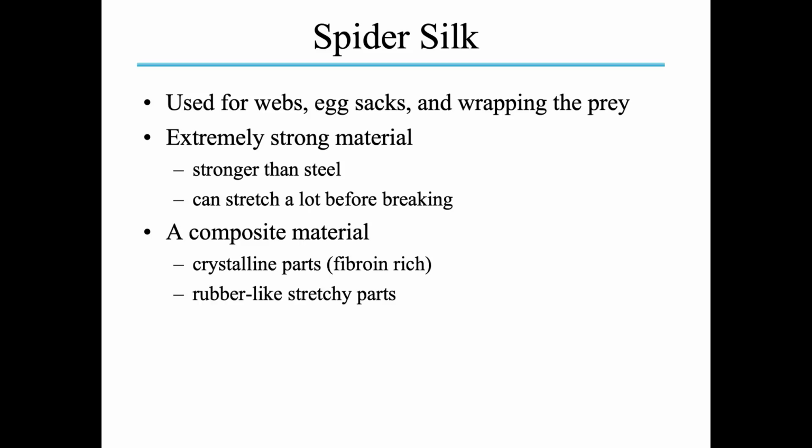And it is a composite material, so it has crystalline parts and then rubber-like stretchy parts. So it's very versatile. People are looking at using spider silk for protective clothing because it's actually stronger than Kevlar, and it has a lot of very versatile structures or purposes.